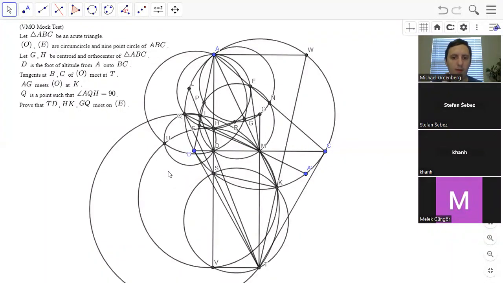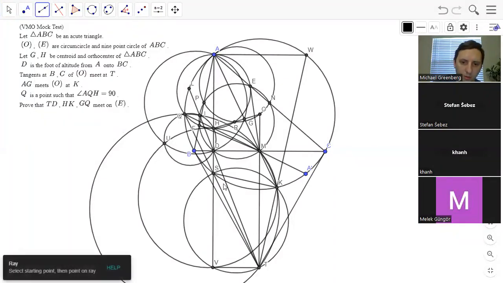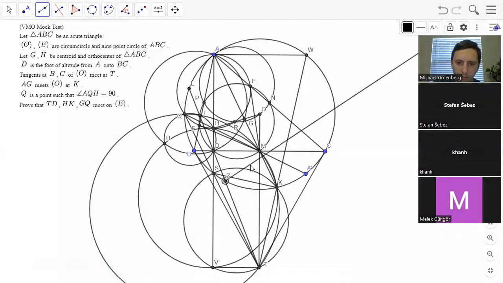So yeah, AKH. I wonder if that's similar to some other triangle. I wonder if this point right here is anything special.